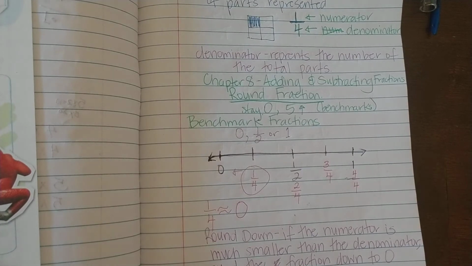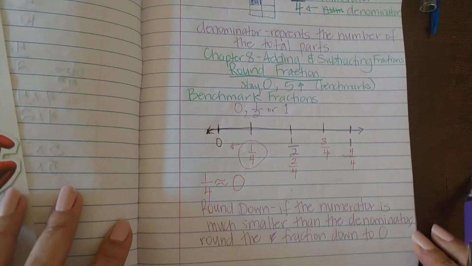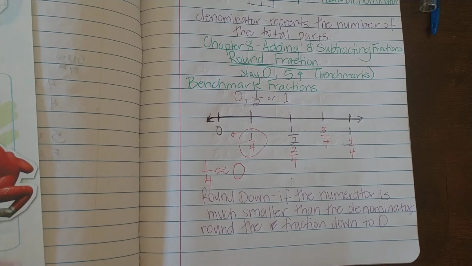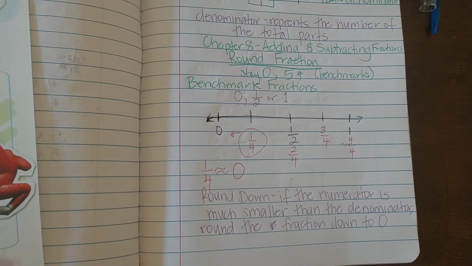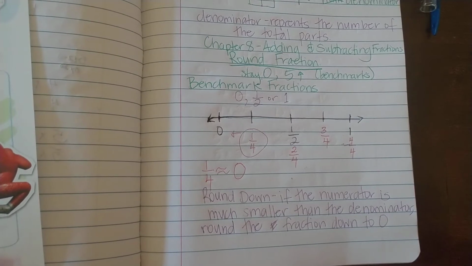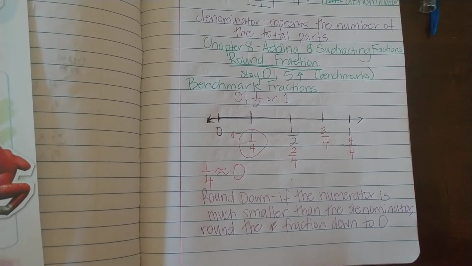Okay? So the numerator is much, much smaller than that denominator. So I round it to 0. Okay, so I'm going to give a couple seconds there so you can copy that down. So round down, if the numerator is much smaller than the denominator, round the fraction down to 0. You can always pause your video if you think I'm going too fast.